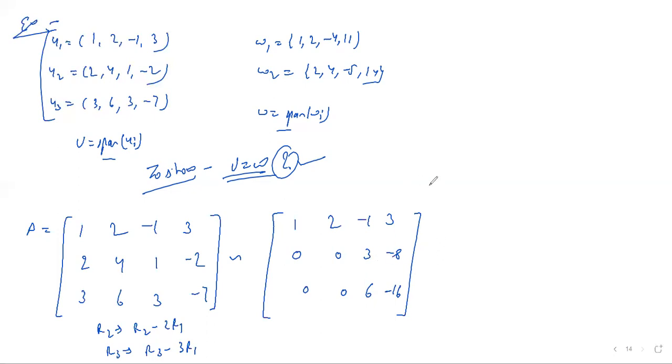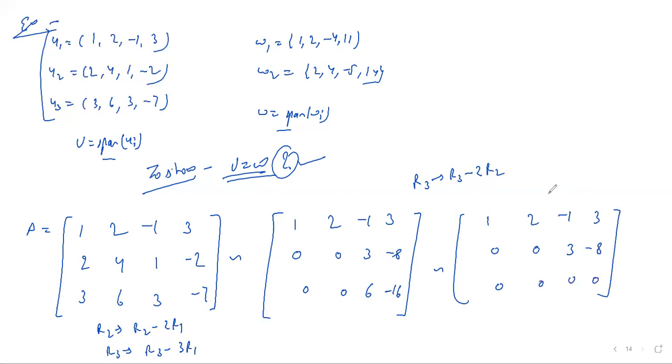Now let's do another operation, which is R3 minus 2R2. It will give us 1, 2, minus 1, 3, 0, 0, 3, minus 8, and 0, 0, 0, 0.